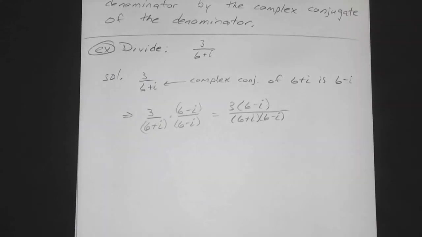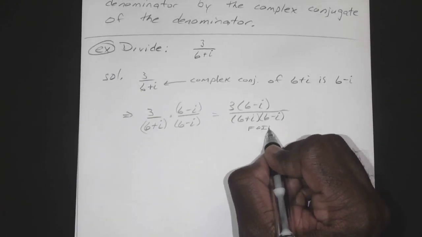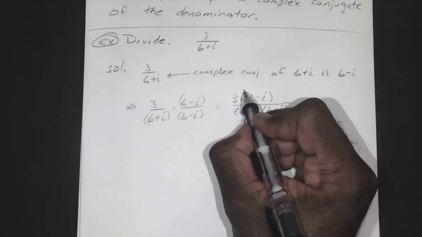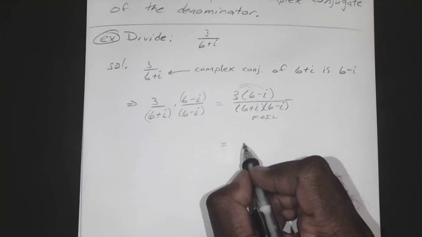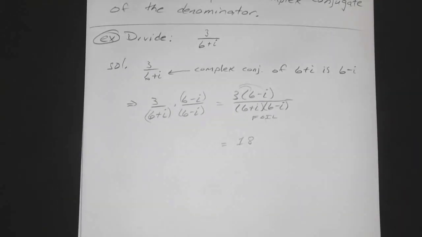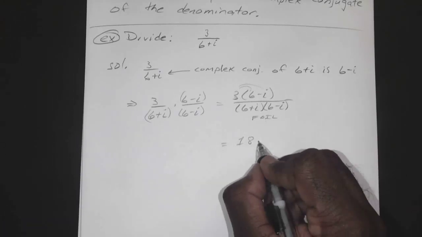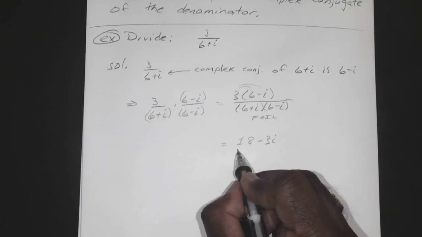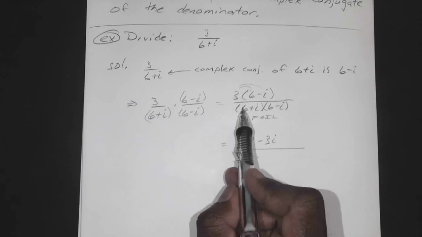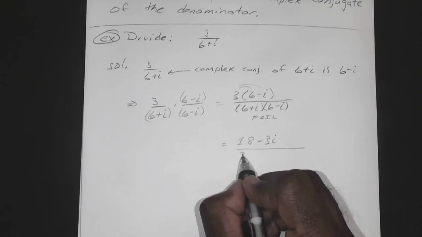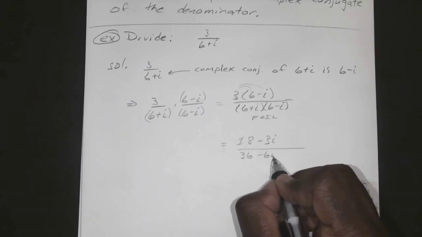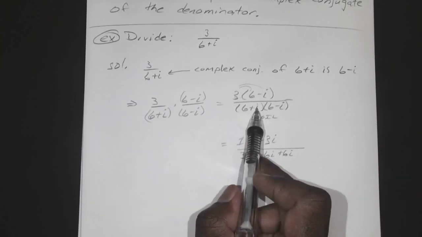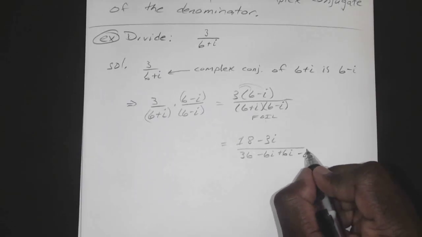You can either use the formula for the denominator or you can just FOIL it out. So if you decide to FOIL it out, and this one you just distribute, you end up with 3 times 6 is 18. 3 times negative i is negative 3i. Over, if we FOIL it out, we have 36 minus 6i plus 6i minus i squared.